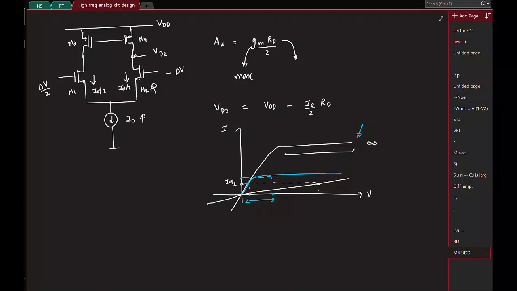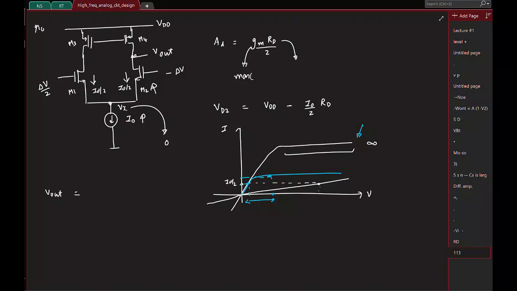Cool. So if this is the circuit now, and I'm applying a differential input, first tell me what is this source voltage? It will be at 0. So if I call this the output now, what is the incremental output?